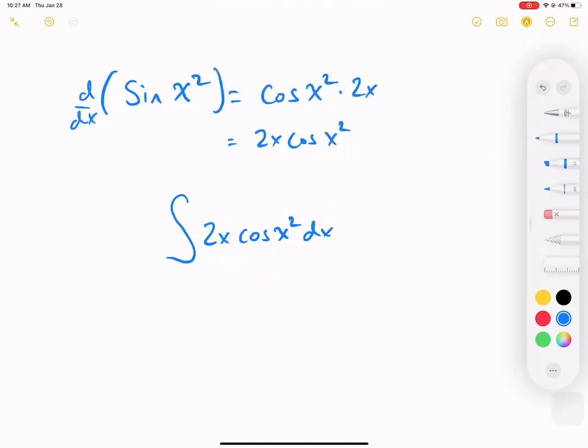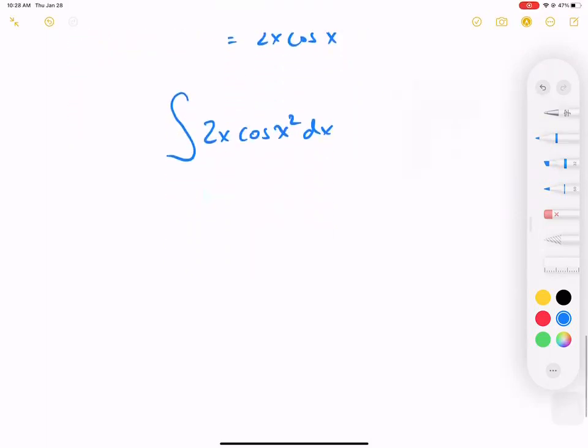Many of your problems, when they look like this, where you might know the integral of something, but you don't know the integral of the other part, can be done with the U substitution. Now, I want you guys to follow along with me. We're going to do the U sub, and then I'm going to give you a trick to identify U substitution problems. So we're going to take, hey, I don't know the integral of cosine x squared, but I do know the integral of cosine of x, or cosine of u. So I'm going to trade u for x squared.